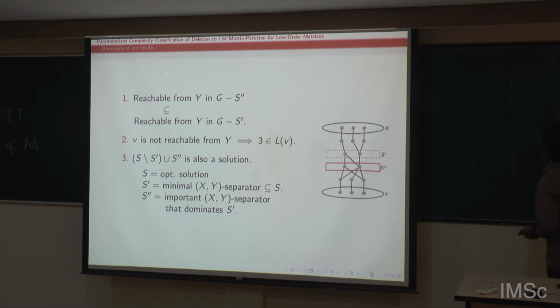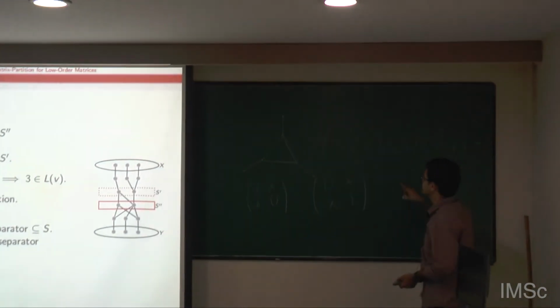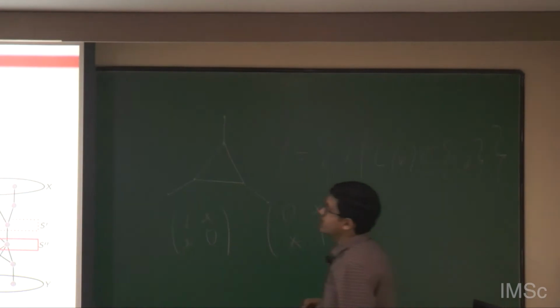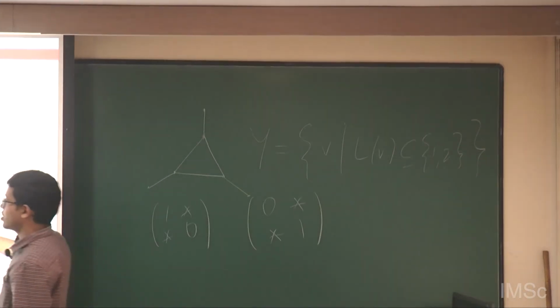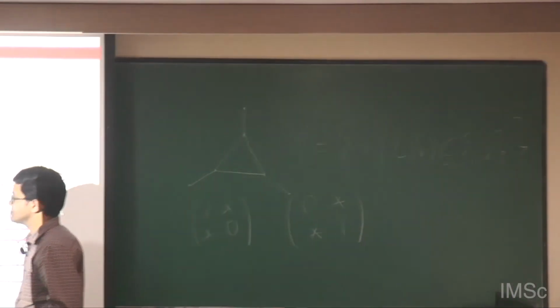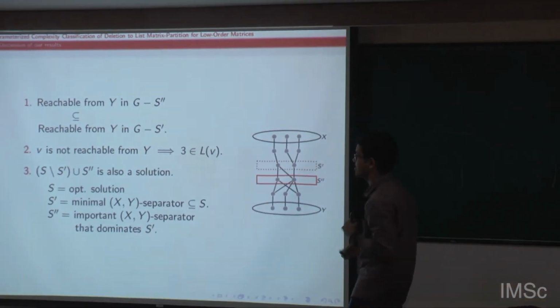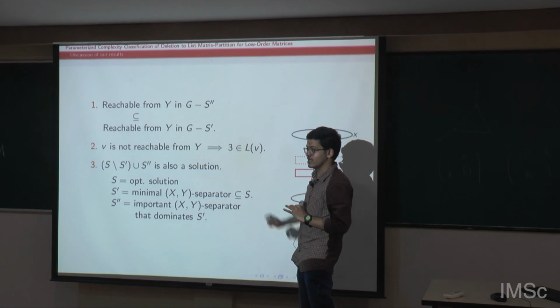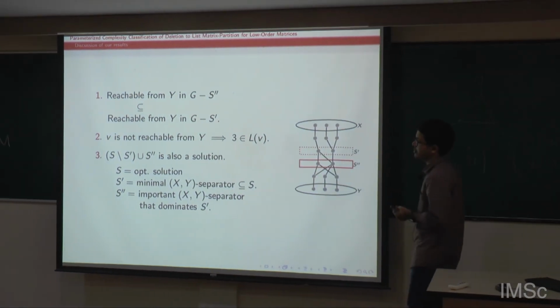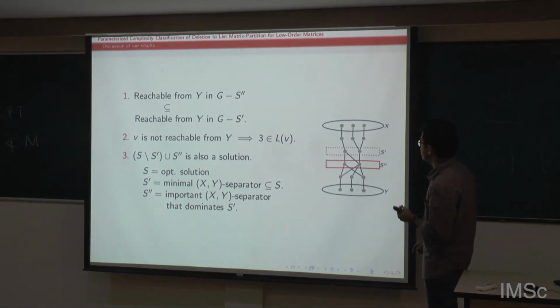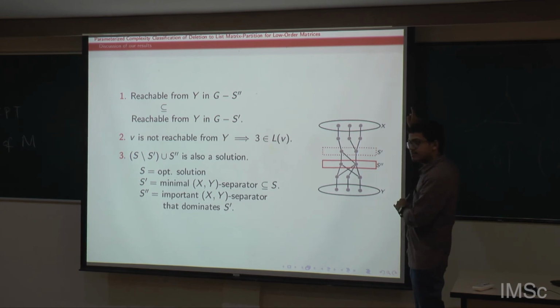Y was all vertices such that L of p is contained in {1, 2}. So if a vertex is not reachable from Y, after deleting our solution, then 3 must be there on its list. So we can safely place that vertex in V3.